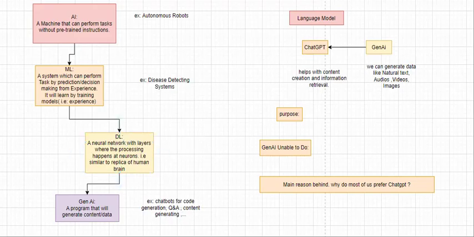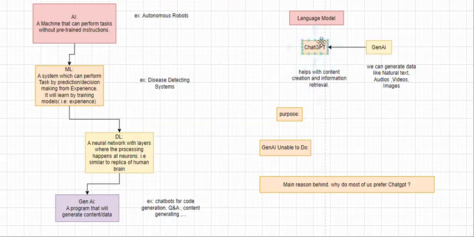So that is deep learning. This deep learning is nothing but a neural network with layers, similar to human brain replication. So is this ChatGPT a neural network? No, ChatGPT is not a neural network. So ChatGPT does not fall under the deep learning model as well.